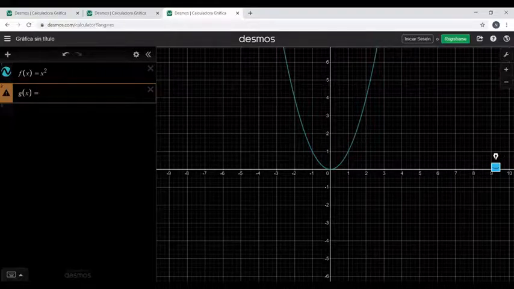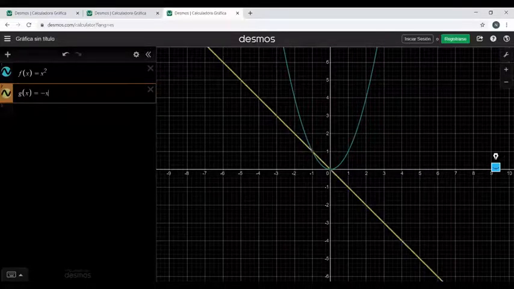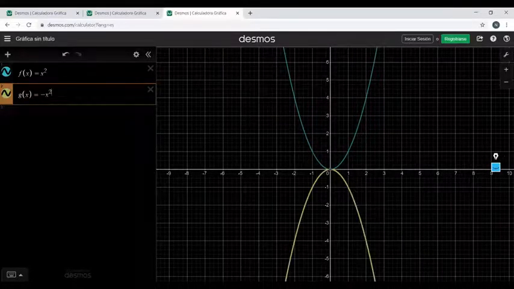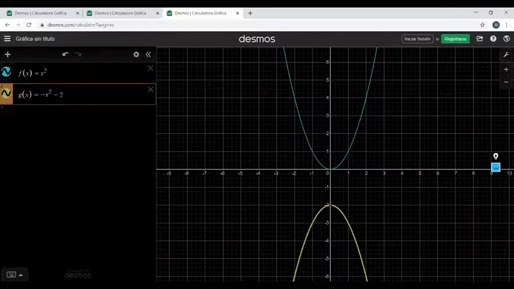First you're going to perform stretches and then reflections, and at the very end the translations. So first, reflections. I want to reflect this one, so I write minus x squared. You see, that's my reflection. And then I'm going to move it 2 units downwards. There it is. You see?